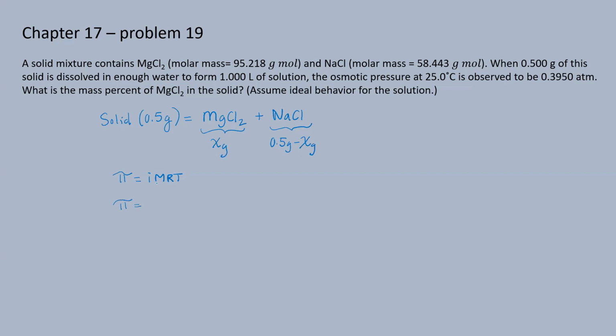So molarity is moles per liter. And so what I'm going to do is i for MgCl2 times the moles of MgCl2 plus the i for NaCl times the moles for NaCl, all over the liters of solution, times R times T. So basically I distribute the i due to the fact that I have multiple solutes.